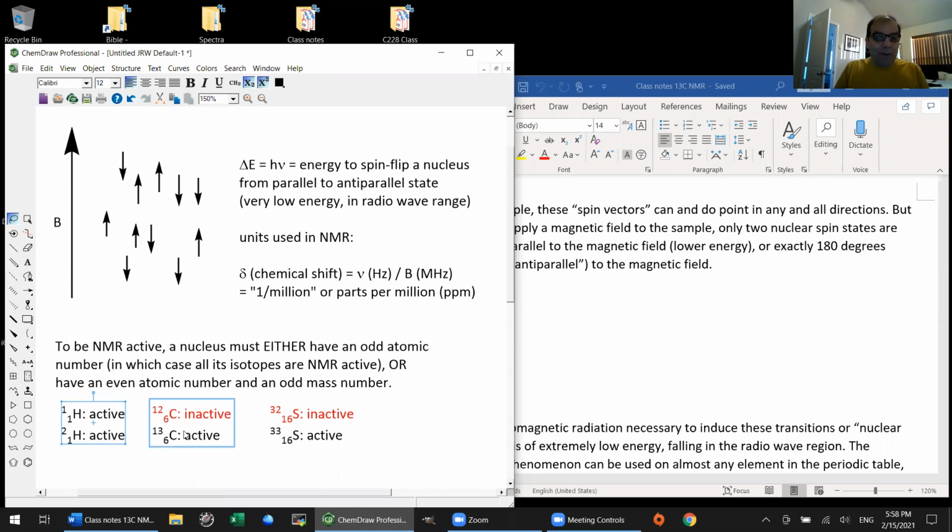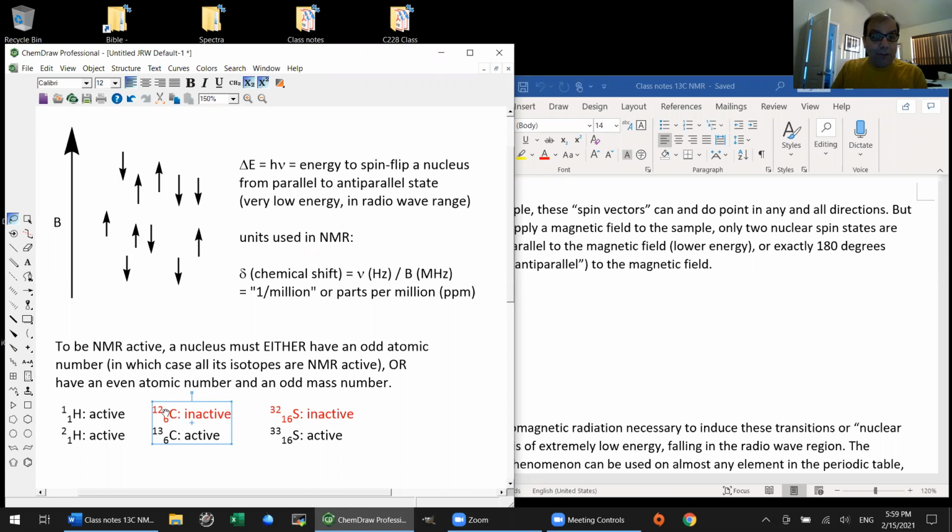What about carbon? Whereas hydrogen is element number 1, an odd number, carbon is element number 6, so its atomic number is even. In cases like that, the nucleus is NMR active only if the mass number is odd.